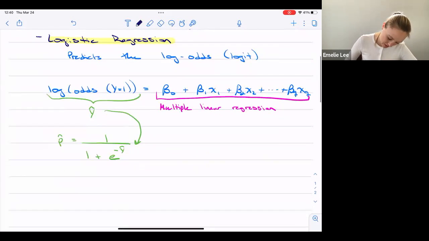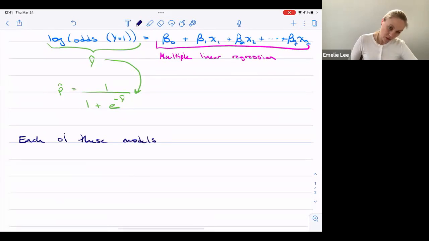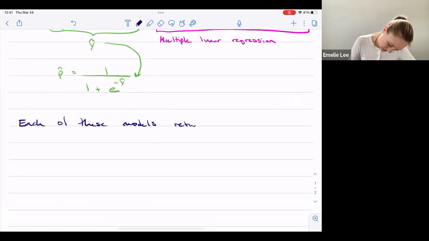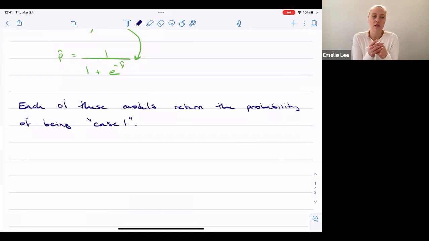So each of these models returns the probability of being case 1, which is the one that we're interested in.